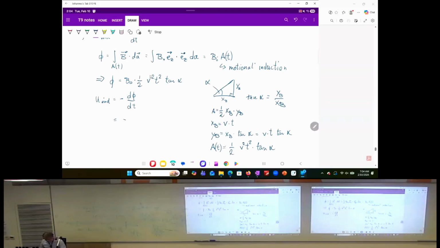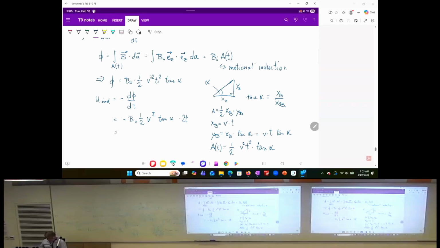So then you have minus B0 times 1/2 v squared tangent alpha times 2t, where the t squared is being differentiated. So you have a 1/2 in the front, and in the back you also have a 2.